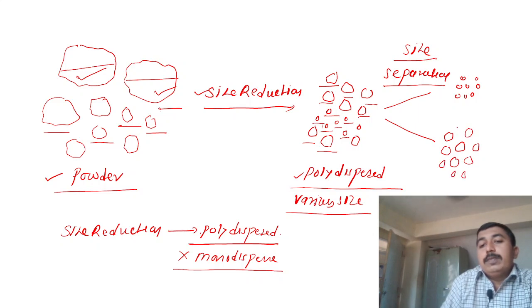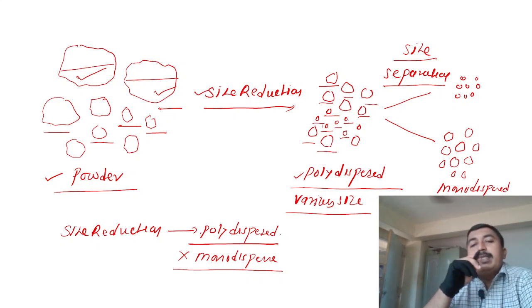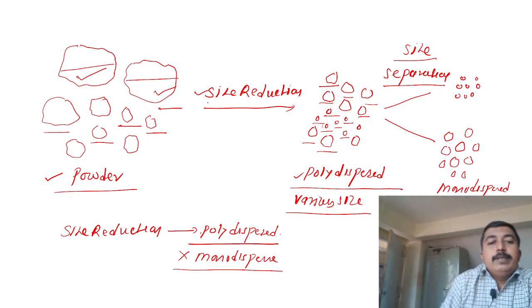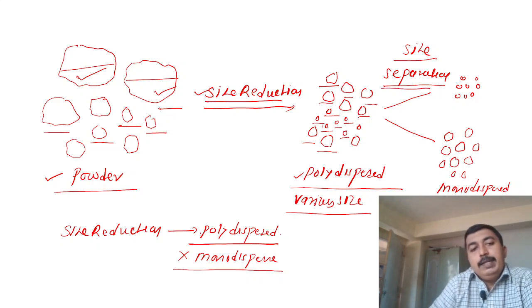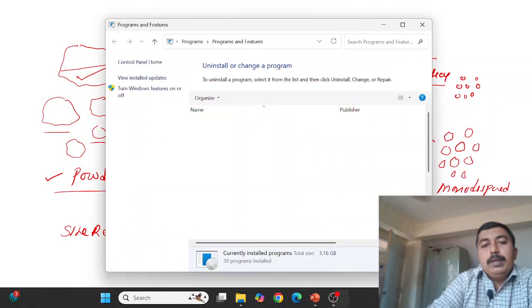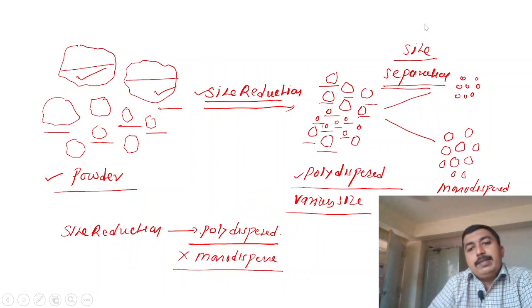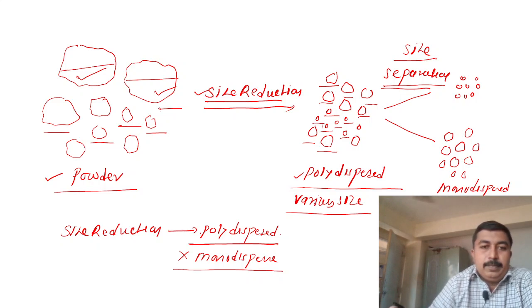Now this powder sample is monodisperse because, as you can see in the diagram, all powder particles have the same size. So to get a monodisperse powder sample, I require two processes: first the size reduction process, and next the size separation process. Size reduction simply breaks the powder particles, and size separation separates out the powder particles according to their size.